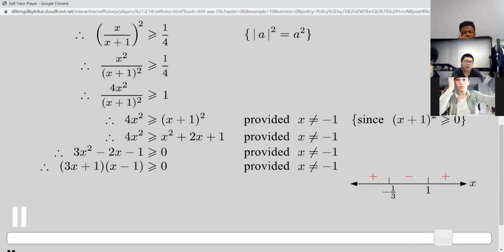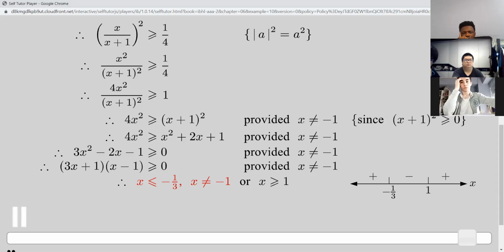The coefficient of x squared is positive, so the signs must read positive, negative, positive. So, the quadratic is greater than or equal to 0 when x is less than or equal to minus 1/3, remembering that we must specifically exclude minus 1, and when x is greater than or equal to 1. These are the solutions to the original inequality.